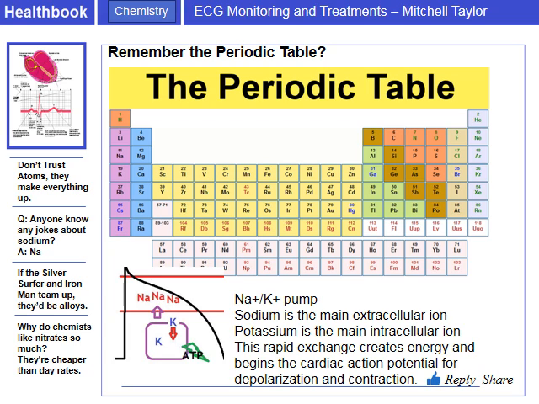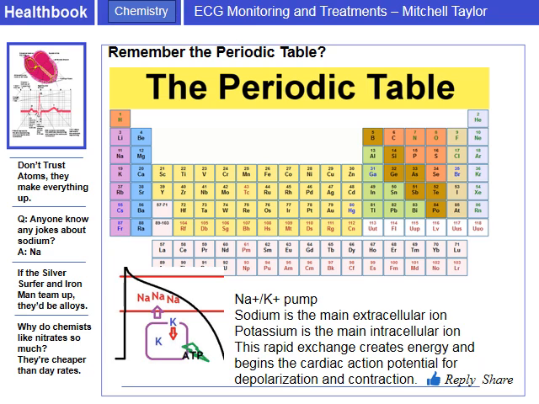So there's a few jokes here on the side you can look and read as you want to. Don't trust atoms, they make everything up. Anyone know any jokes about sodium? Nah, well, that's the symbol for sodium, get it? Silver Surfer and Iron Man team up, they'd be alloys. Okay, doesn't really apply to this.